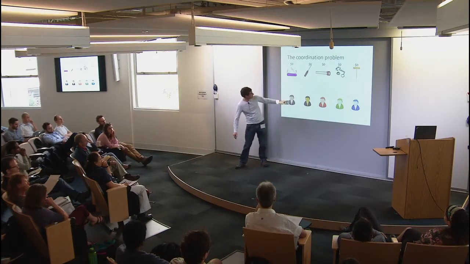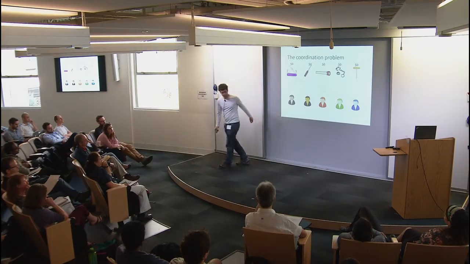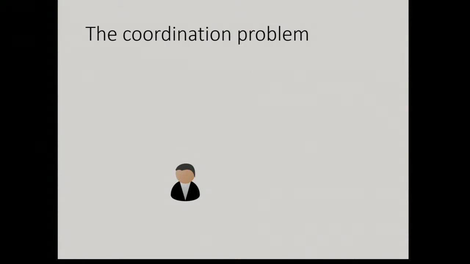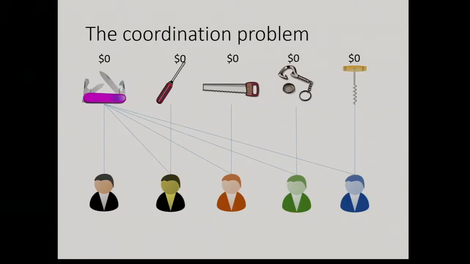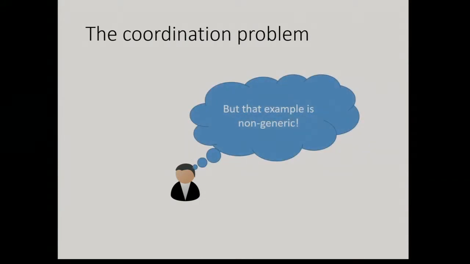So I forgot to mention, but the first buyer here is also an economist. And he objects. He says, okay, I mean, you can cook up examples in which coordination is a problem, but this seems non-generic. There are lots of ties here.